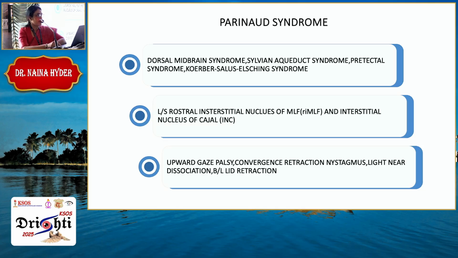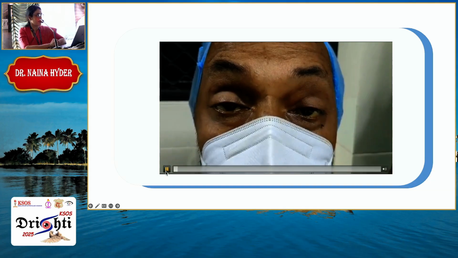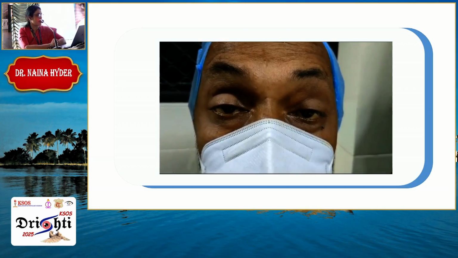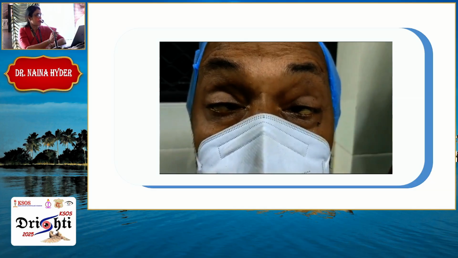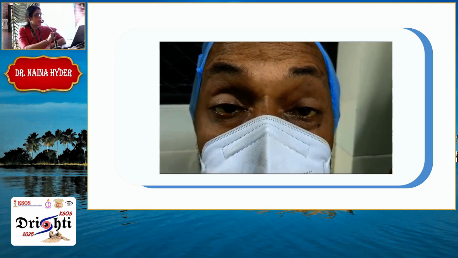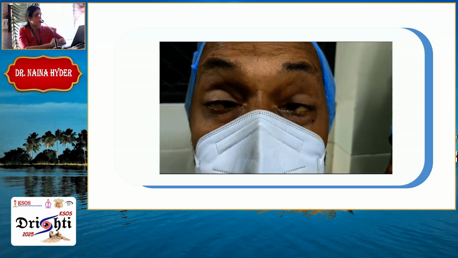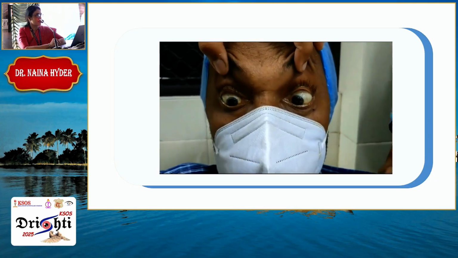In this condition, you have an upward gaze palsy and a convergence retraction nystagmus, which is seen in this patient, who also came from the neurosurgical department. Actually, I'm telling the patient to look up, and he doesn't seem to look up. You get this very interesting convergence retraction nystagmus, and the down gaze is normal.